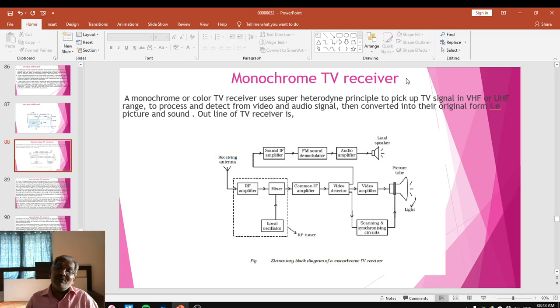During this entire process, the monochrome television receiver makes use of the superheterodyne principle.